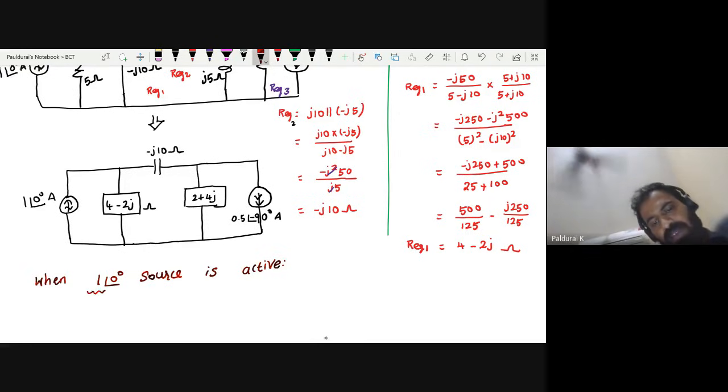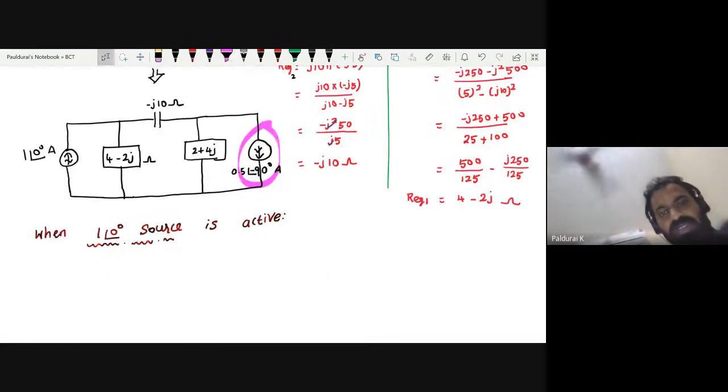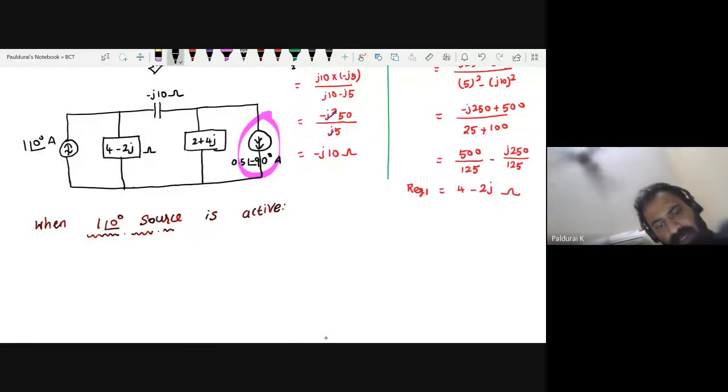This time I want to kill this one. So what will you do? Replace it with an open circuit. Why an open circuit?